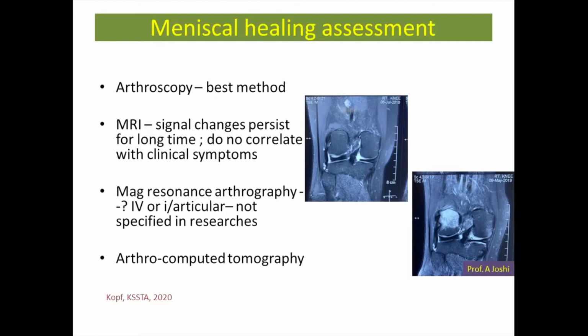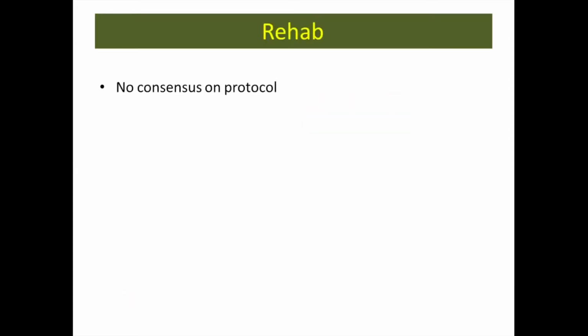The other methods would be magnetic resonance arthrography if needed, or orthocomputed tomography if MRIs are contraindicated. If these methods are also with us, we can have proper management of meniscal repairs. In the rehab, there seems to be no one consensus.